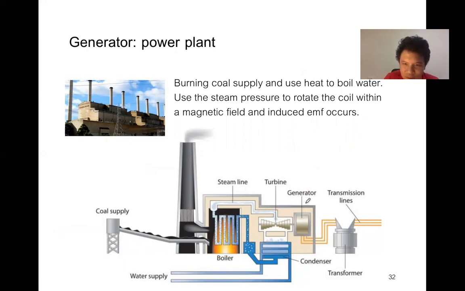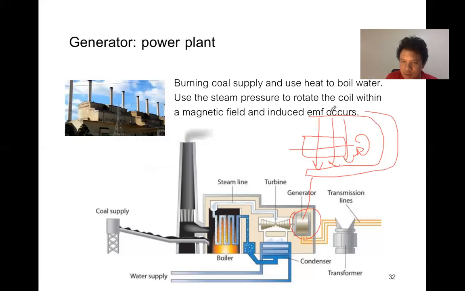Okay, let me draw this again. We focus on this part of the generator. In here, we have the coil that can be rotated, and we have some source of magnetic field that can create a magnetic field B. When you rotate this coil under the magnetic field, it can generate the AC current using the same principle.